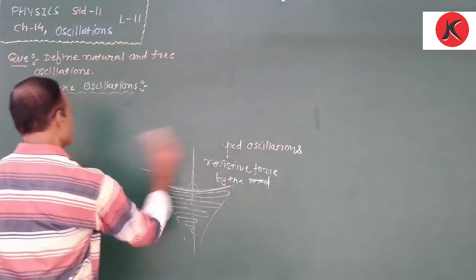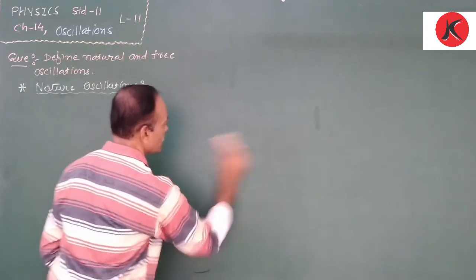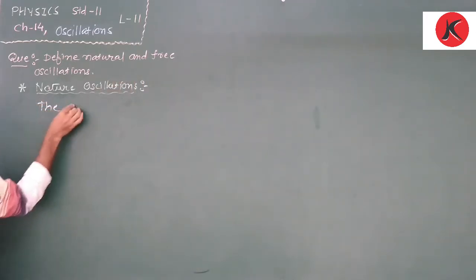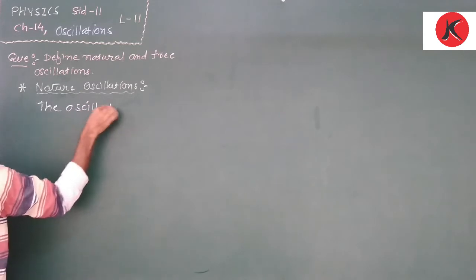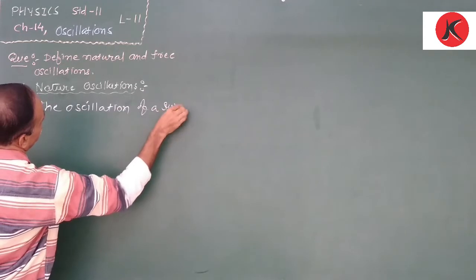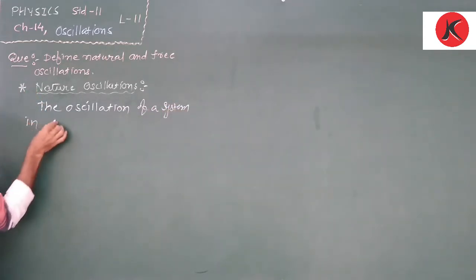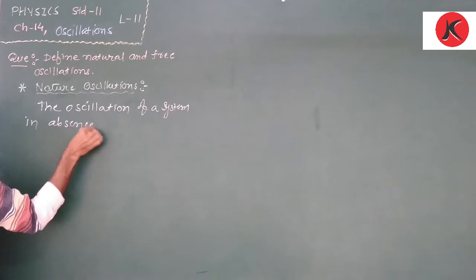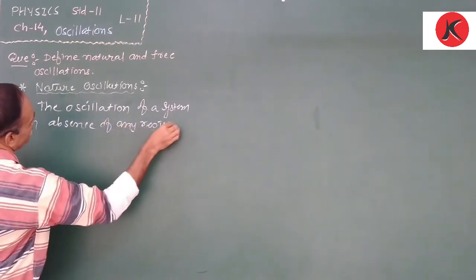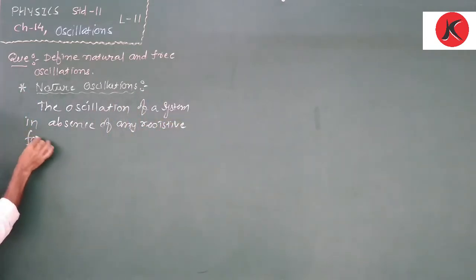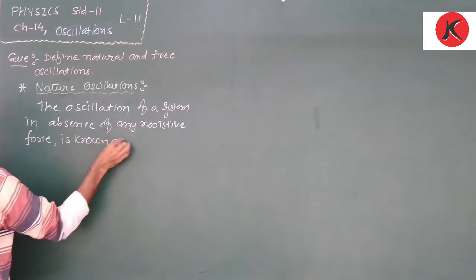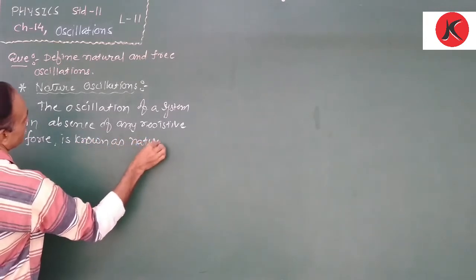The definition of natural oscillation is that the oscillation of a system in absence of any resistive force is known as natural oscillation.